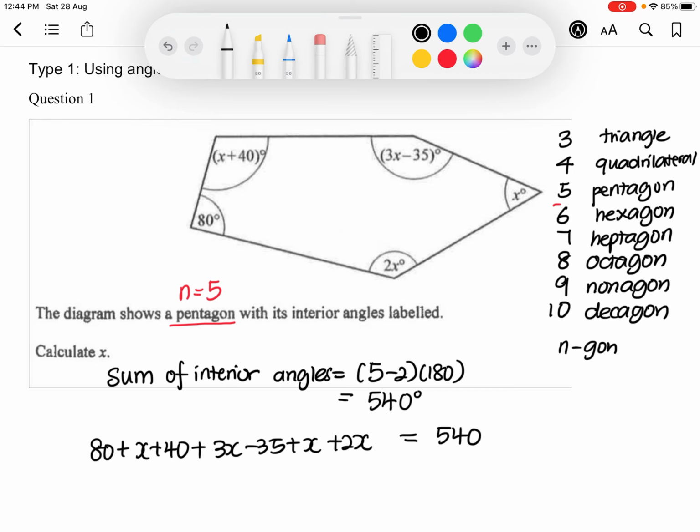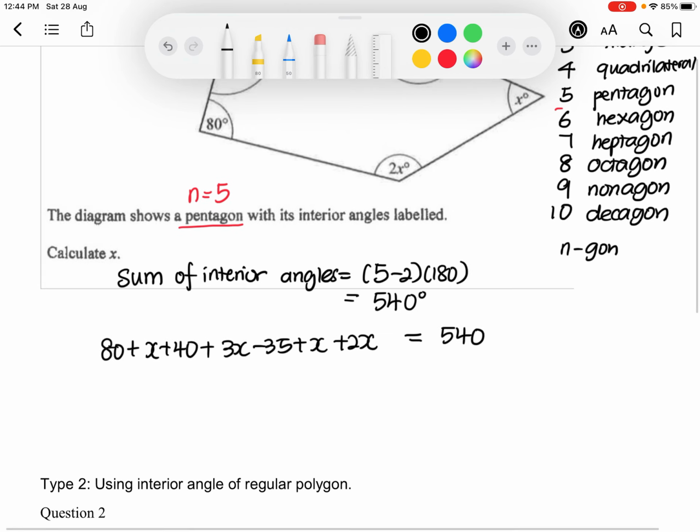So now let's solve this question. Collecting the x terms, we have 7x, plus the total of 80 plus 40 minus 35, that gives me 85, equals 540.